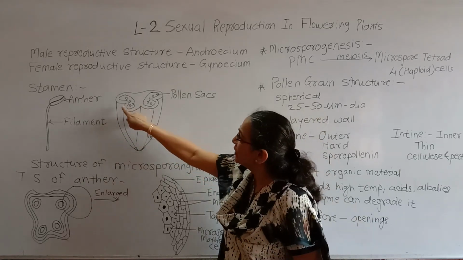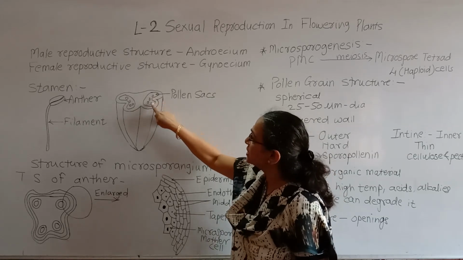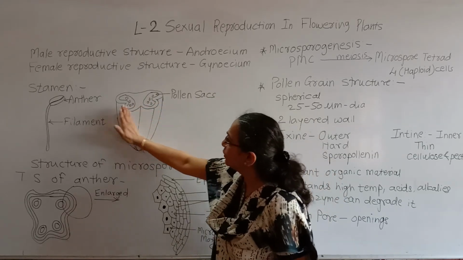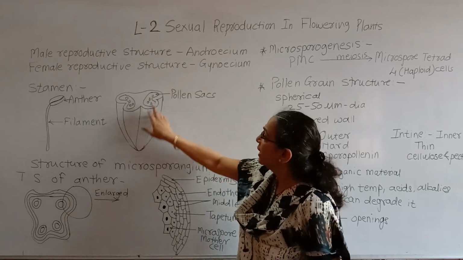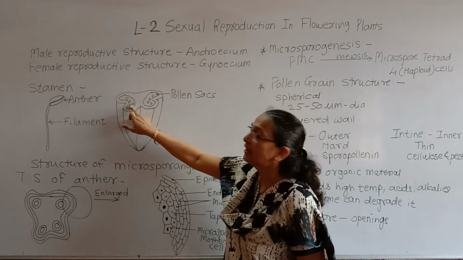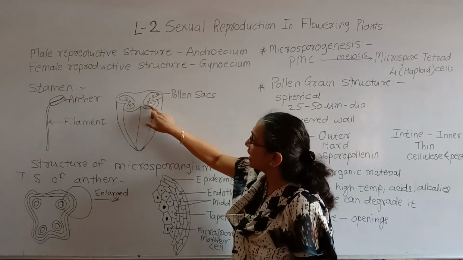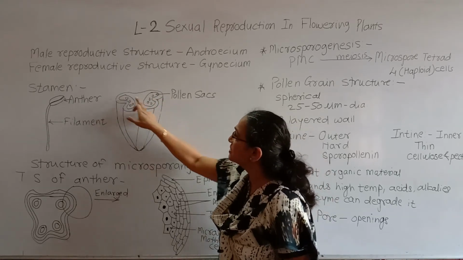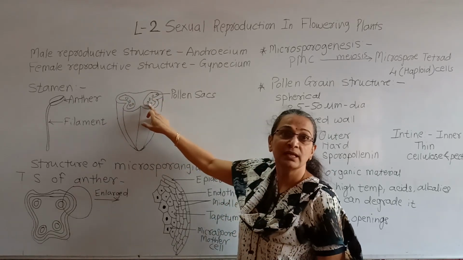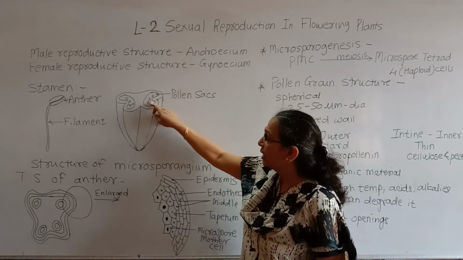So, when you take a section, you can see these pollen sacs. This is one lobe, this is another lobe, and there are 2 theca in each. These pollen sacs are the structures which contain pollen grains.